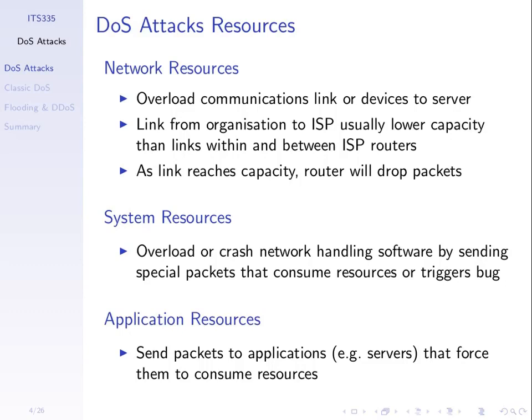Or to exhaust the applications. So for example, a web server is not just a computer, but is a software application running on a computer. So the Apache software is a web server, and if we can make that application slow down, then that can be considered a denial of service attack by consuming resources from that application.